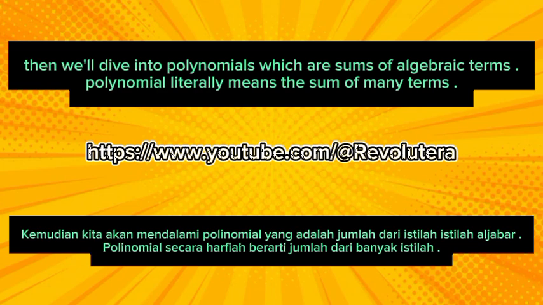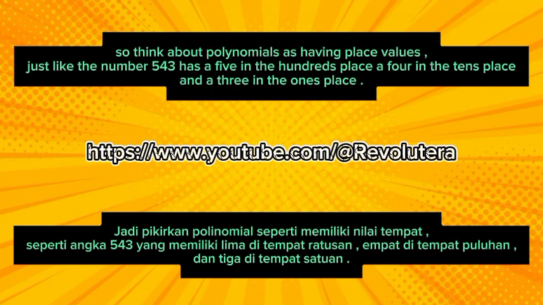Then we'll dive into polynomials, which are sums of algebraic terms. Polynomial literally means the sum of many terms. So think about polynomials as having place values. Just like the number 543 has a 5 in the hundreds place, a 4 in the tens place, and a 3 in the ones place.